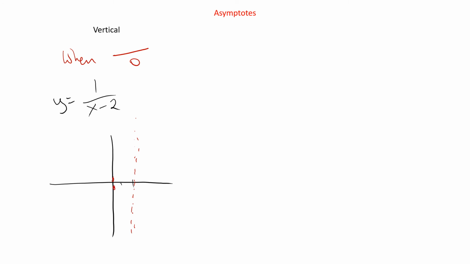Then negative 1. And then it keeps going. And we have another asymptote there, but we'll get there in just a second. And then if we plug in bigger ones, we're going to get this one. So those are vertical asymptotes. It's when we divide by 0.